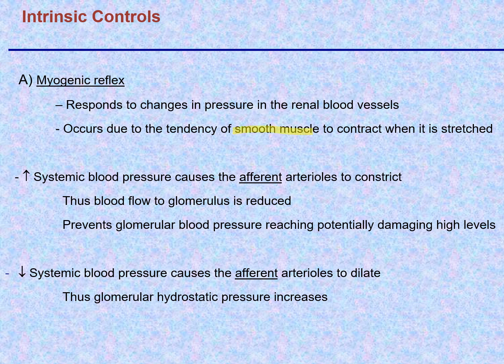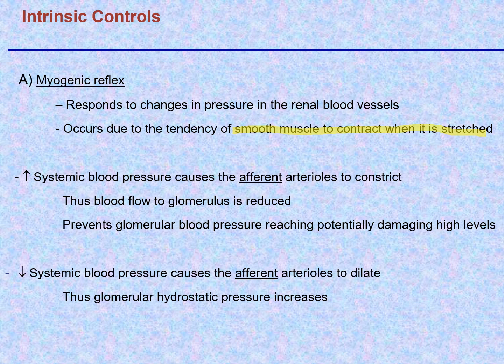Smooth muscle will contract when it is stretched, and if the blood pressure in a vessel is higher than normal, it will tend to stretch that blood vessel out, and the blood vessels have smooth muscle around them, and they will contract automatically in response to that stretching.